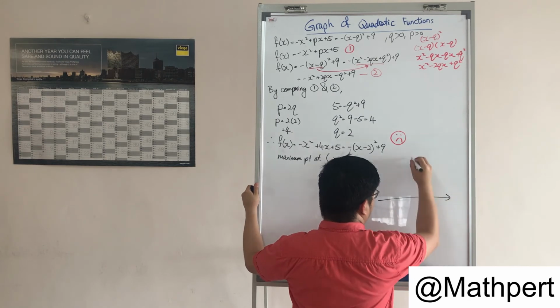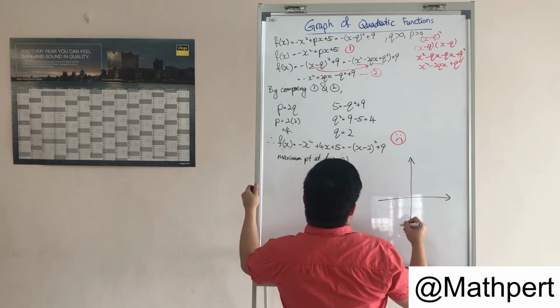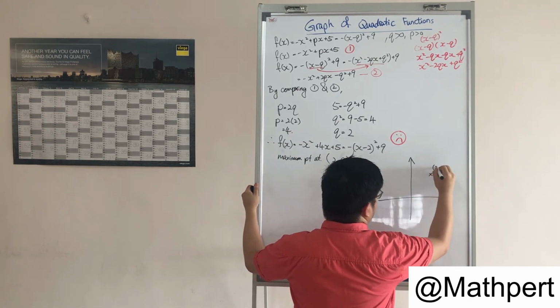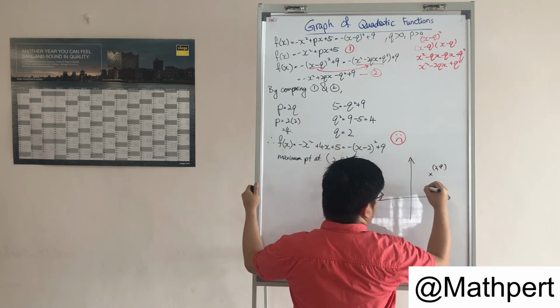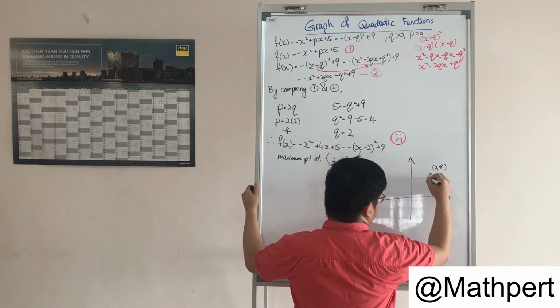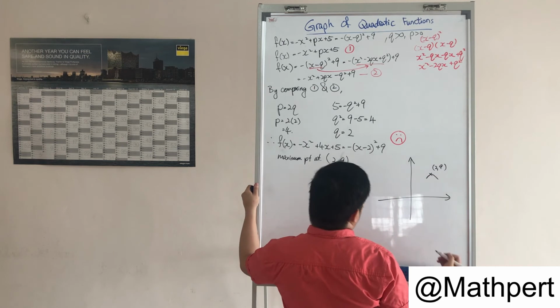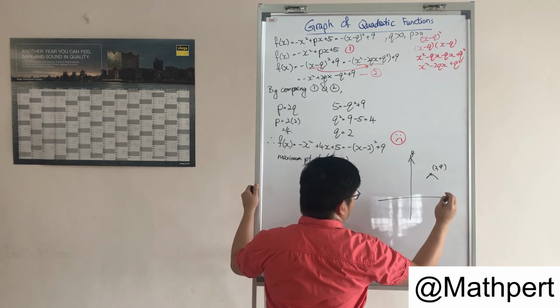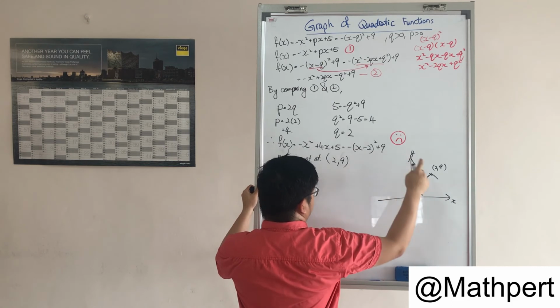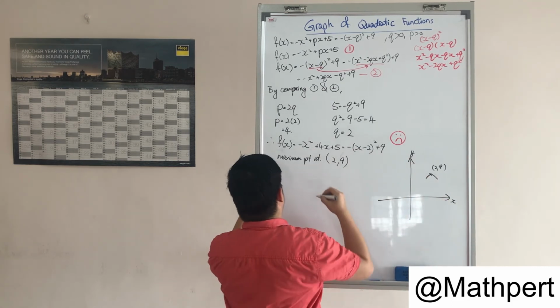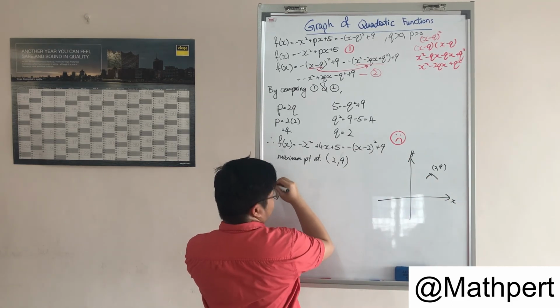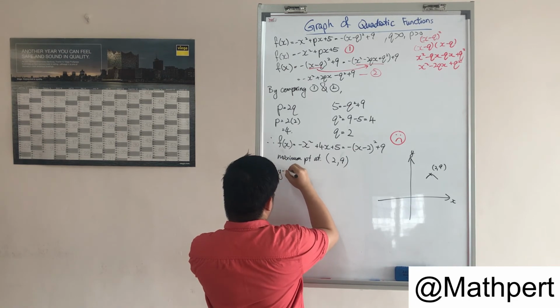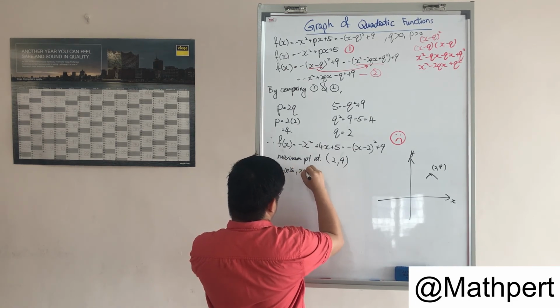So the graph over here, 2 and 9. 2, 9. The graph is like this. Then let's check for intersection at the x and y axes. At the y-axis, x equals 0.